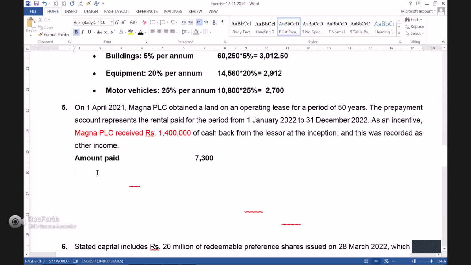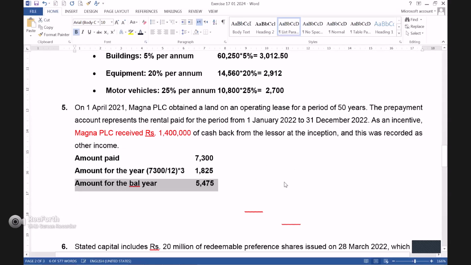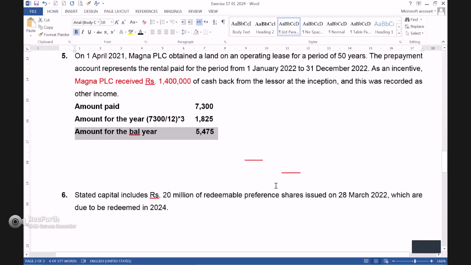Therefore, we have to calculate the balance for 3 months. 7,300 divided by 12 into 3 is 1,825, the amount for the year, because January, February, March. So the balance amount is 5,475.